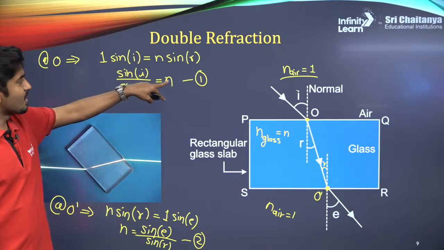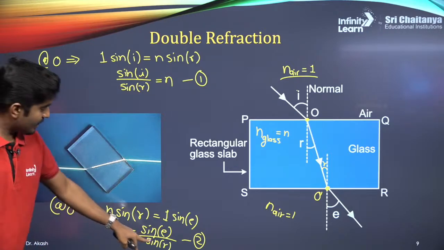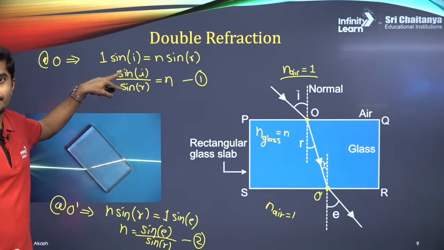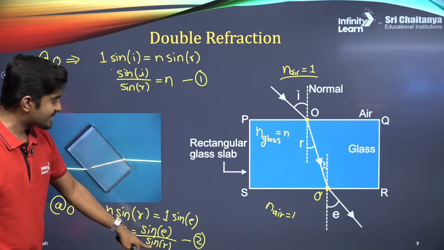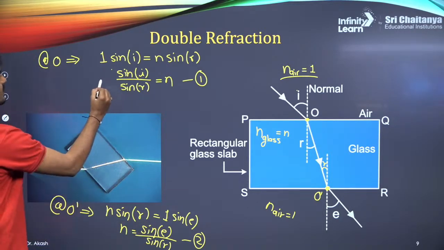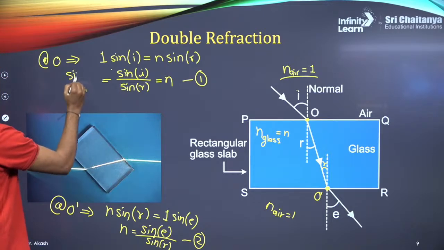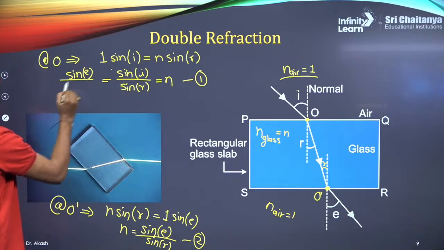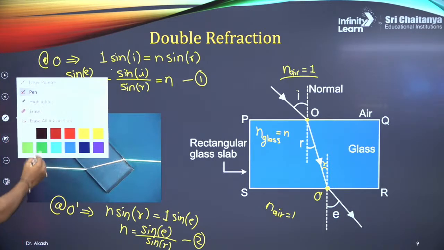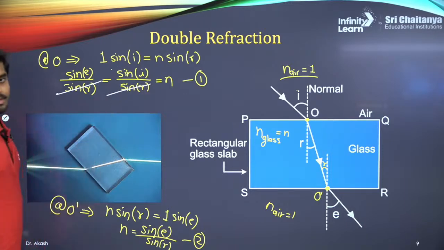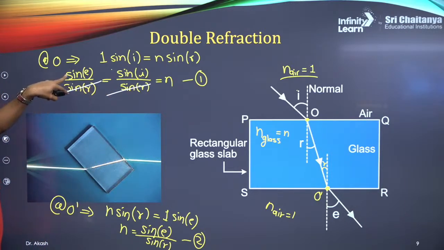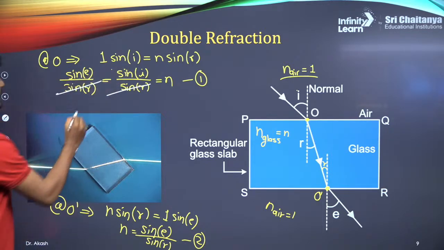Because one side is the same, the other side should also be the same. So I can write this equal to sine E divided by sine R. Now can you see these two sine R, you can cancel out. If you cancel out, what do you get? Sine E is equal to sine I.